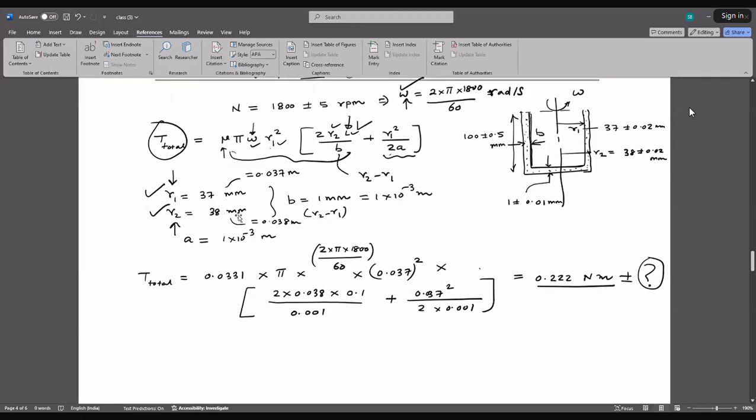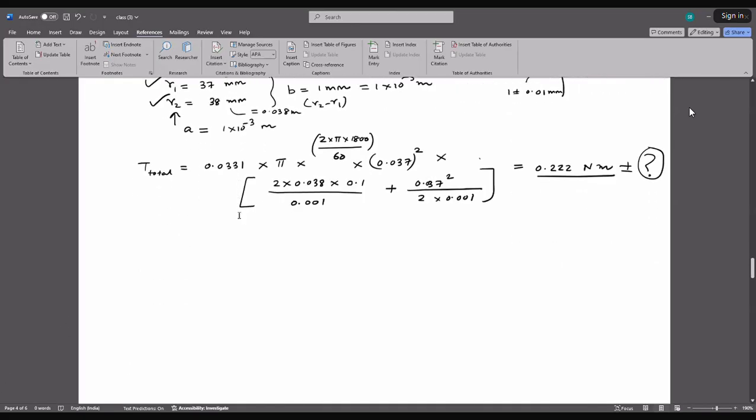So let's first talk about how the torque varies with the change in R1, because R1 has an uncertainty.